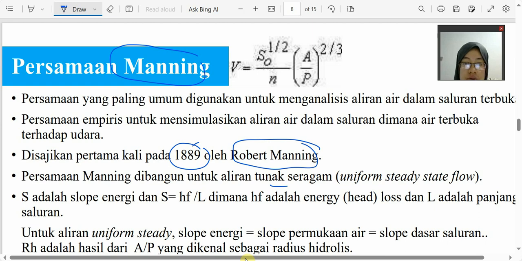Okay, so if we want to calculate the velocity using the Manning equation, using the Manning coefficient, we use these equations.